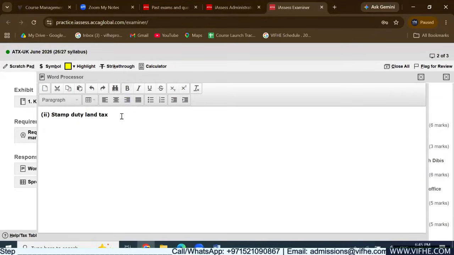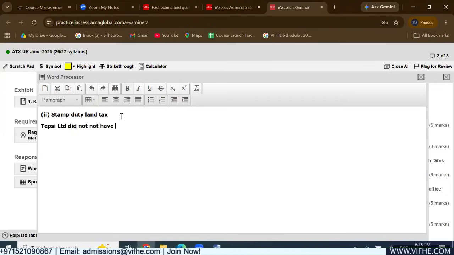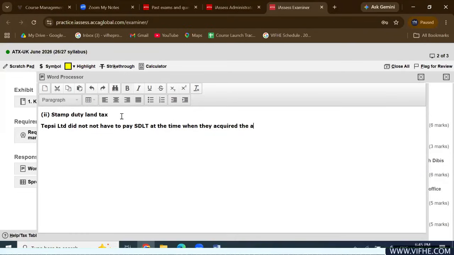Okay, so I would say that Pepsi Limited did not have to pay SDLT at the time when they acquired the asset, because it was an intra-group transfer.